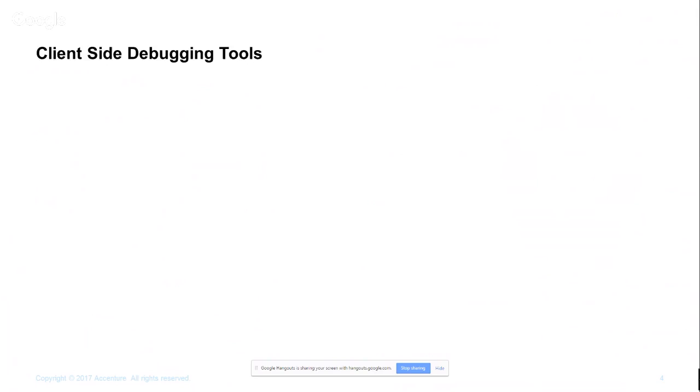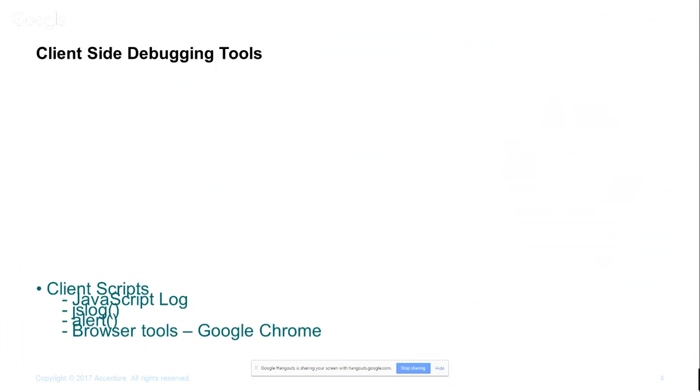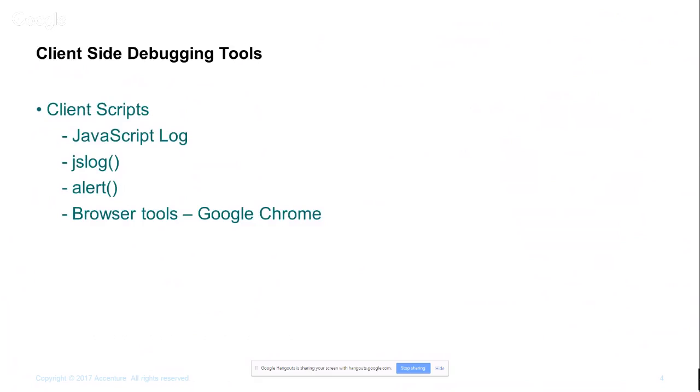So on the client side debugging tools, the thing that we have available to us just for the client portion are the JavaScript log, which if you've done any development in ServiceNow, client scripts, UI policies, UI scripts, anything on the browser side, then you will have used probably the JavaScript log. We have JS log back.